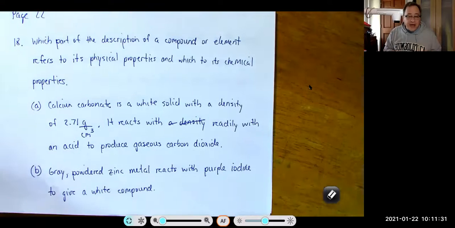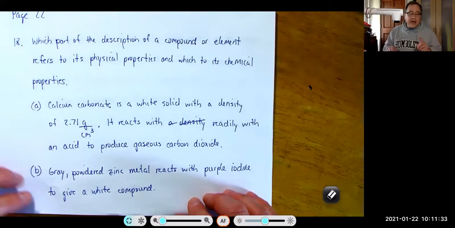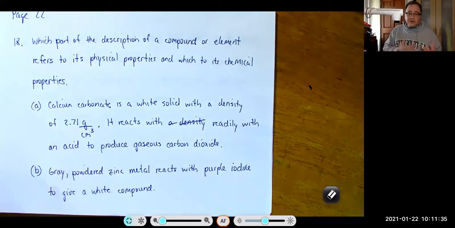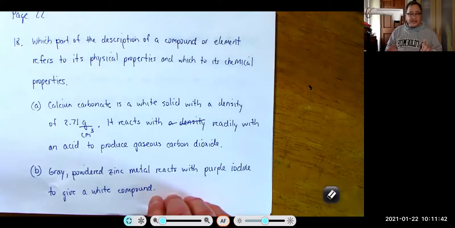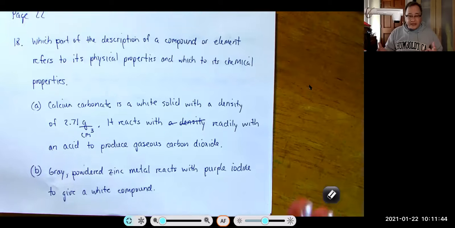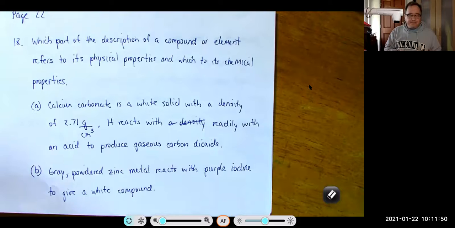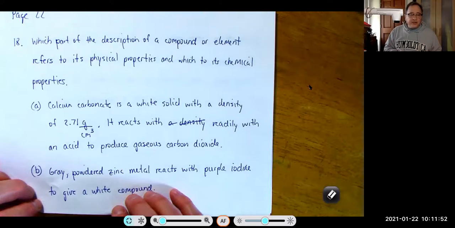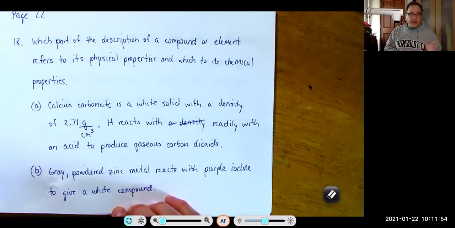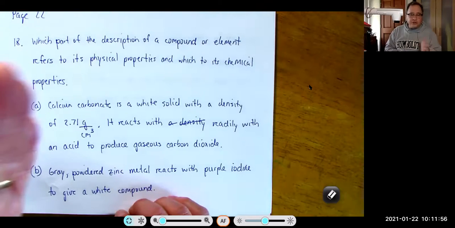Doesn't matter how much you have, you can determine the property and you're not changing the gold chain into something else. You with me there? So a physical property is something you can determine without changing it into something else or trying to change it into something else. But also sometimes you look at these properties in a different way. And usually a chemical property is one that it's hard to do or hard to undo, one or the other.